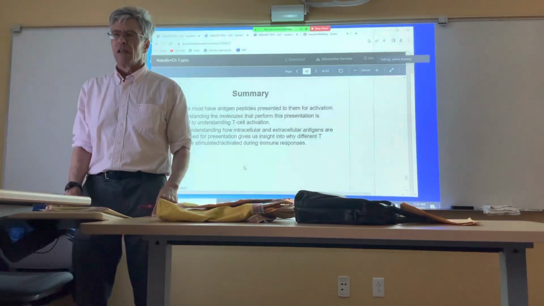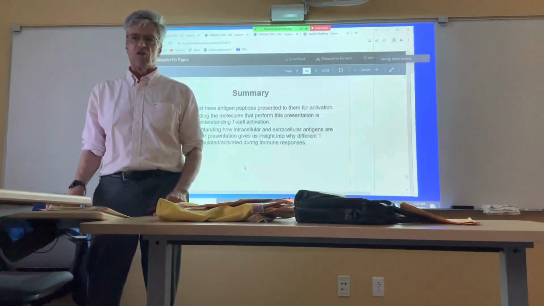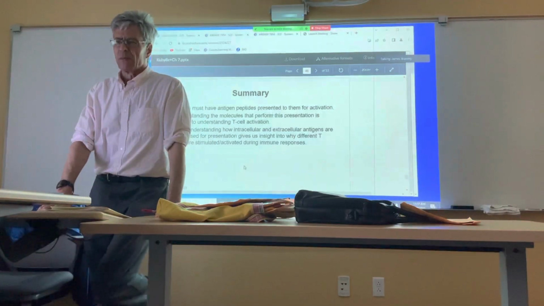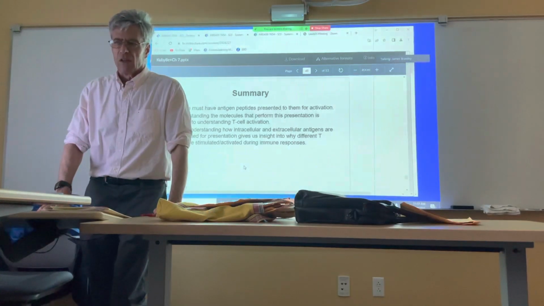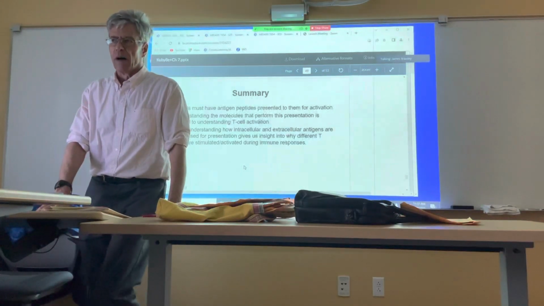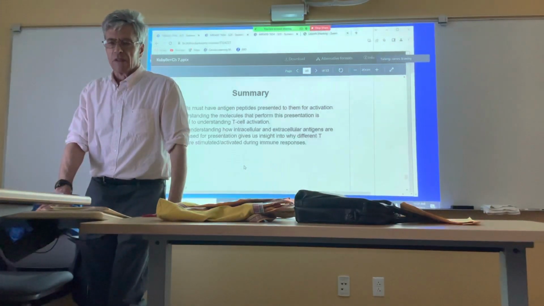And of course, much effort into looking at whether all dendritic cells can do this. I think this is one thing where it's been suggested that the lymphoid-derived dendritic cells can do cross-presentation, but the myeloid cannot, I believe. That was suggested at one time, but not simple experiments to do.